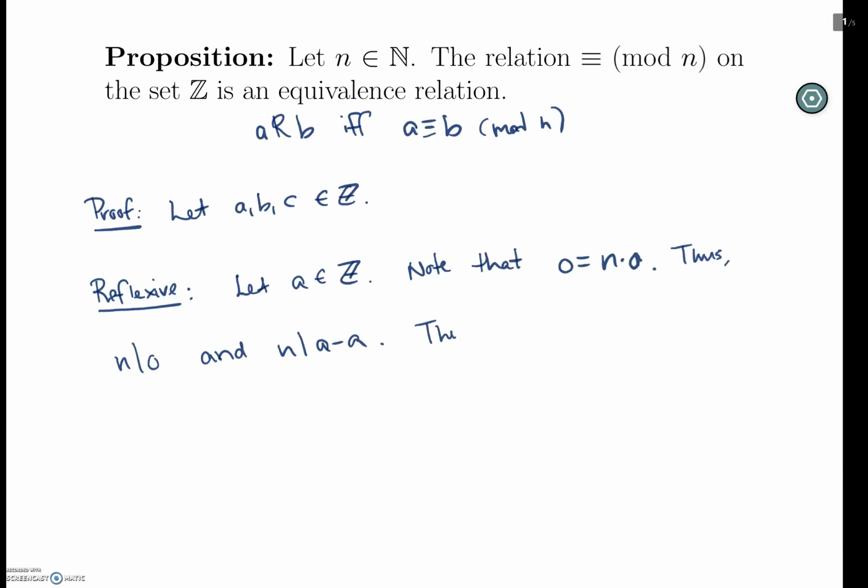Thus, by the definition of congruence modulo n, we know that a must be congruent to a mod n. Hence, a is related to a for every a in our set. So we have shown that our relation is in fact reflexive.